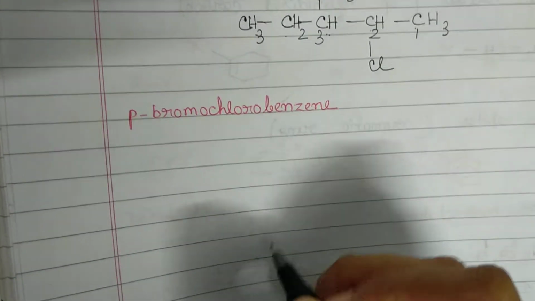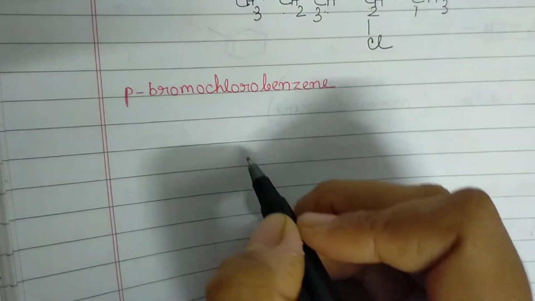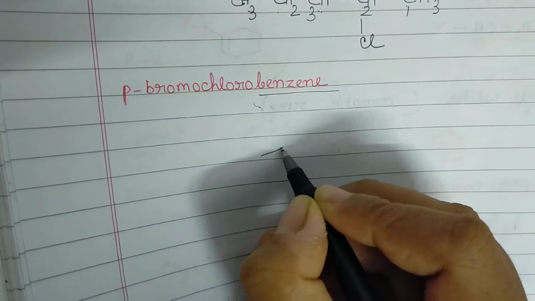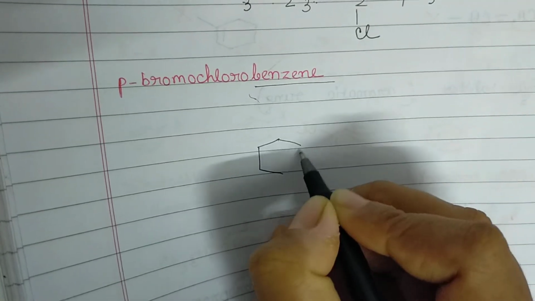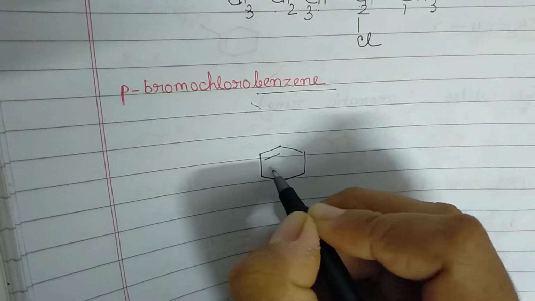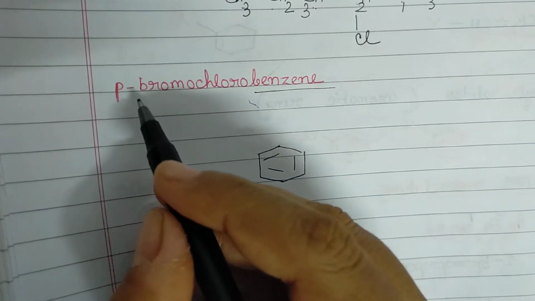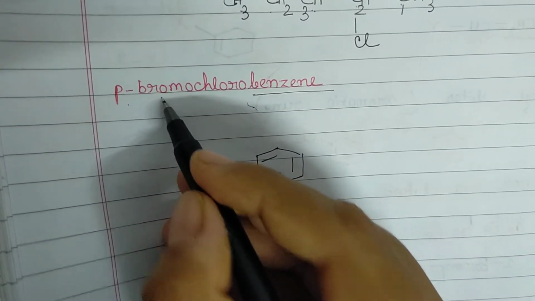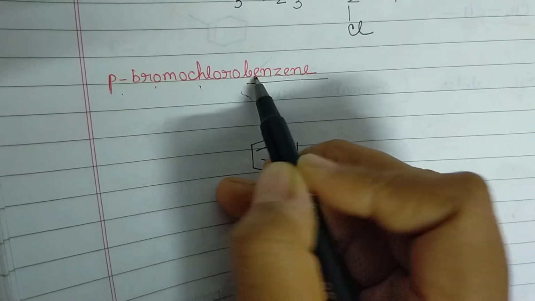Next, another structure for aryl halides. See, we have benzene in the main chain. So write down the structure of the benzene at first. After that there will be para-bromo. That means in case of this, chlorobenzene is the main chain.